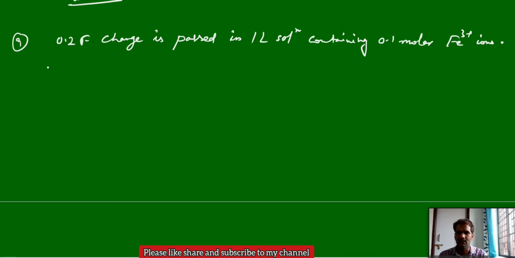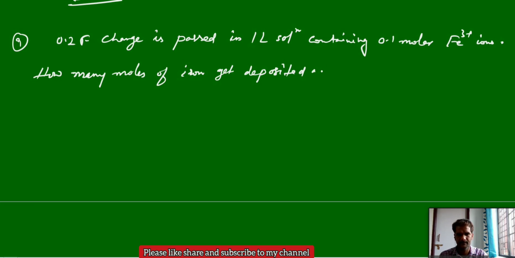Then how many moles of iron get deposited at cathode, assuming only iron is reduced, in the electrolytic process?